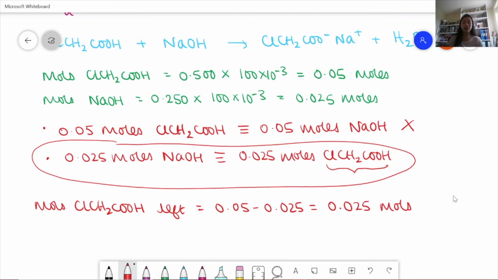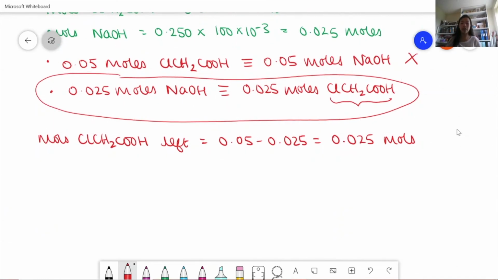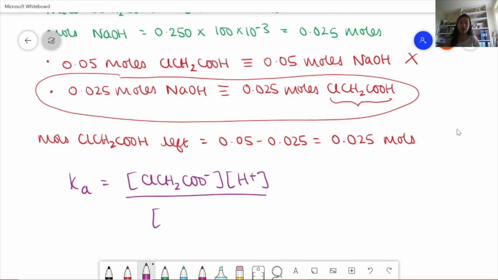And now what we can do is we can use the Ka formula. So we have Ka is equal to ClCH2COO minus, so this is how it dissociates in water, and then this is all over the chloroethanoic acid. And then now what we can do is work out the concentration of H plus because we've got everything now.